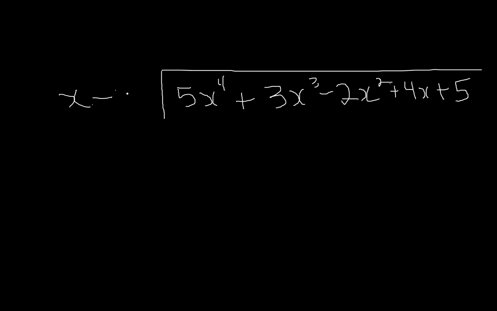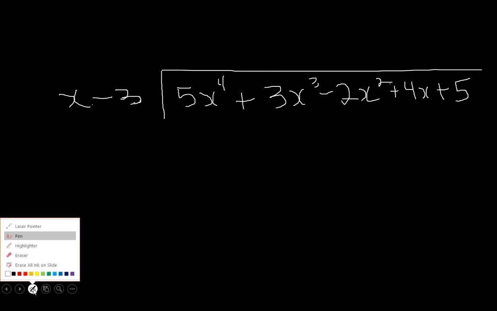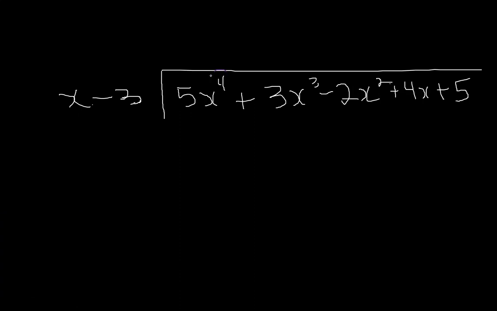So what do I mean by polynomial of the fourth degree? You see this number, this power here? The degree of a polynomial is the highest power, right? So out of this entire expression, 4 is my highest power.